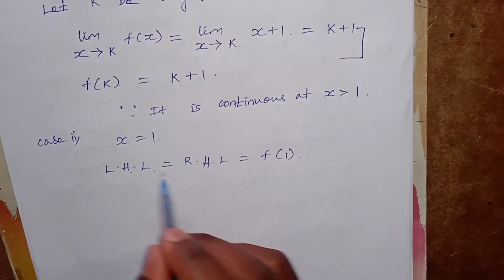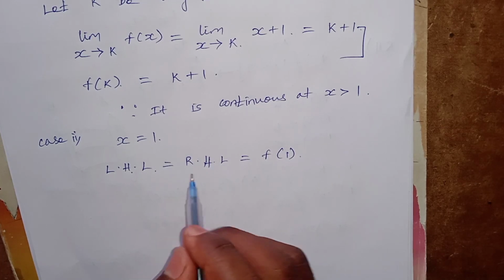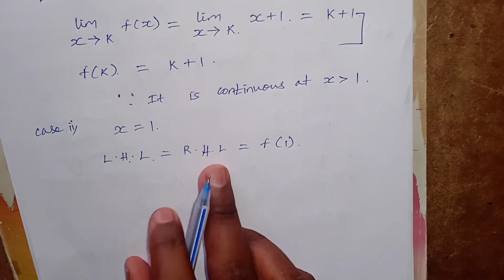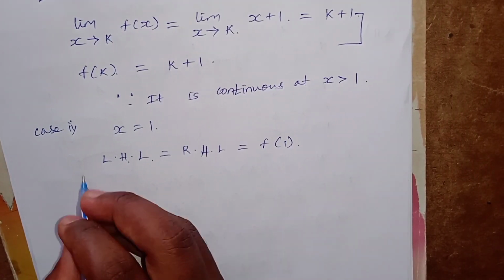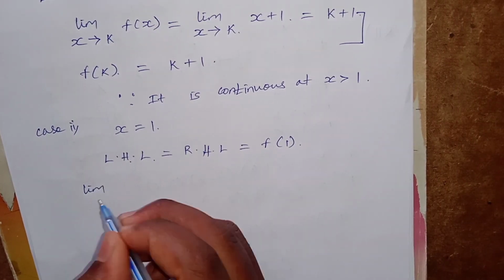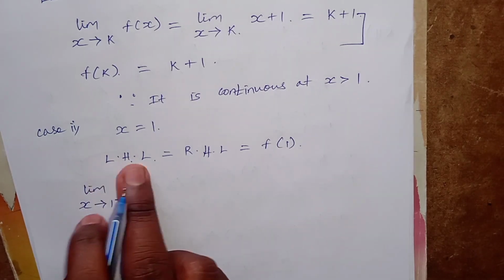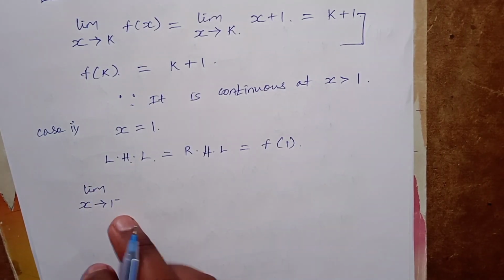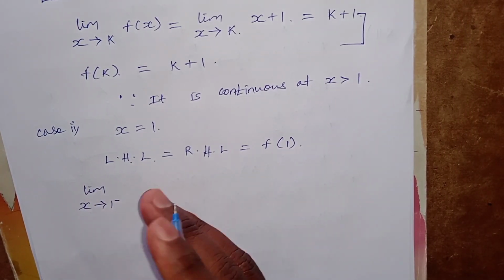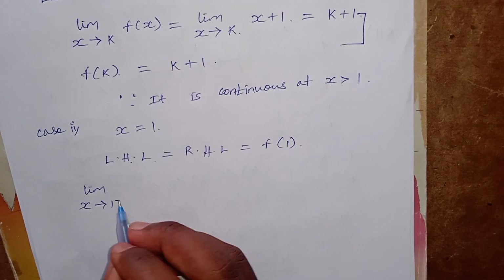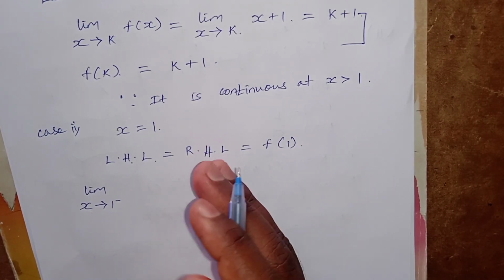If the left hand limit is not equal to the right hand limit, then it is a discontinuity. Let us check. Limit x tends to 1 minus, because here I am taking the left hand limit, just below 1, 0.9, 0.8.